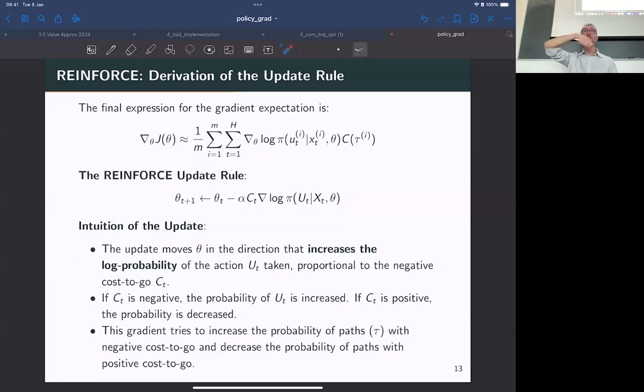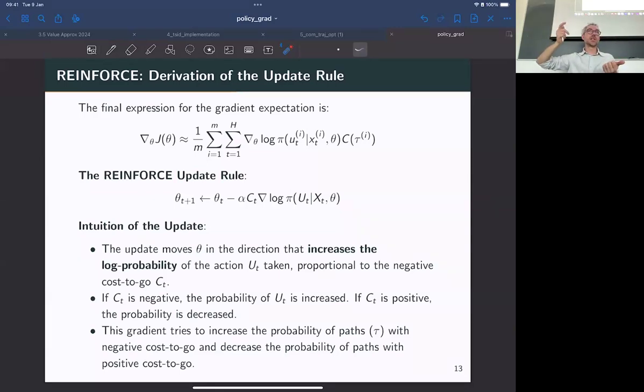But since the probability of all actions for a given state must sum to 1, and that's typically implicitly guaranteed by your PDF parametrization, which is going to be an exponential if you use a Gaussian, which is the most common choice, then you're going to try to decrease some probabilities in a way that is stronger than others.